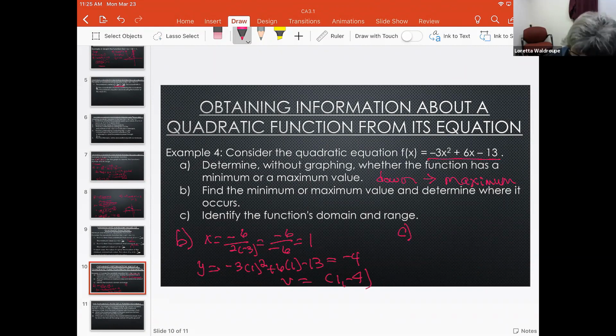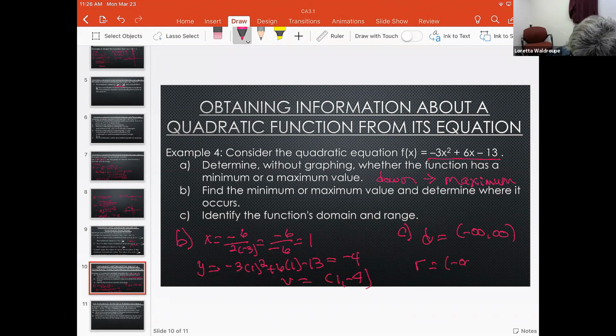So how do I know the domain and range? Well, when a parabola opens up and down, your domain is always going to be negative infinity to infinity. Your range is going to vary. We have a maximum, we don't have a minimum.